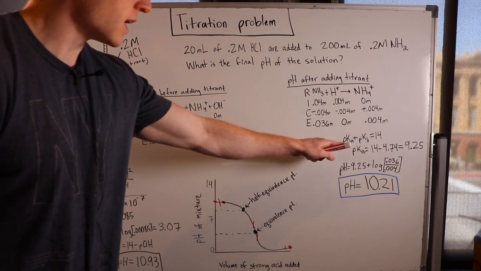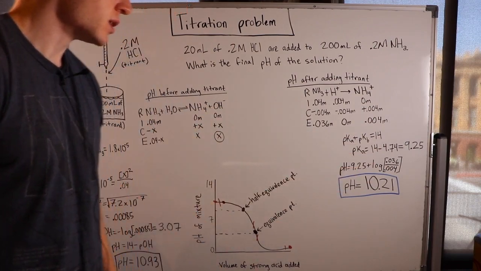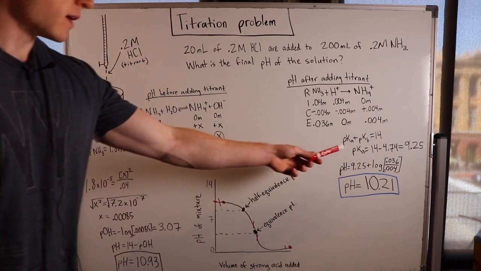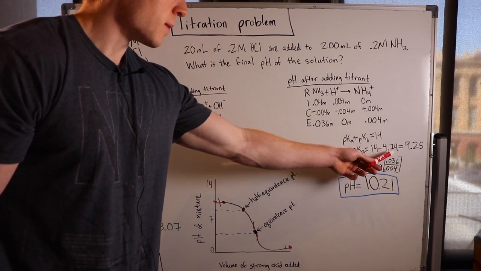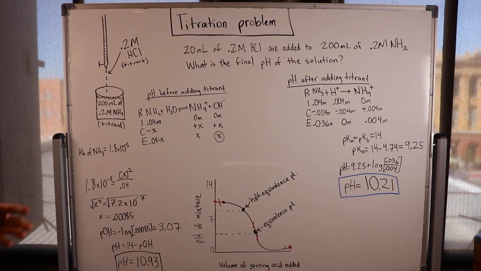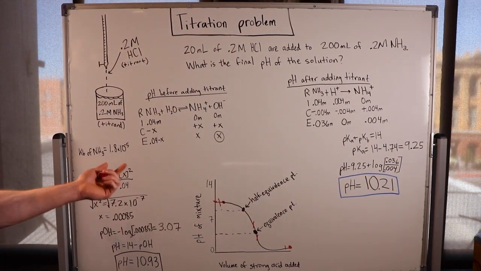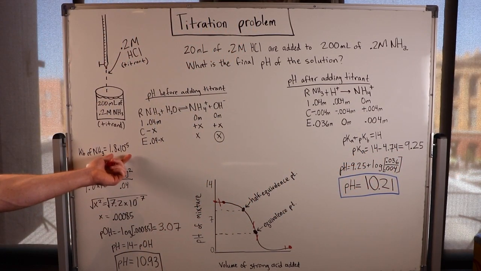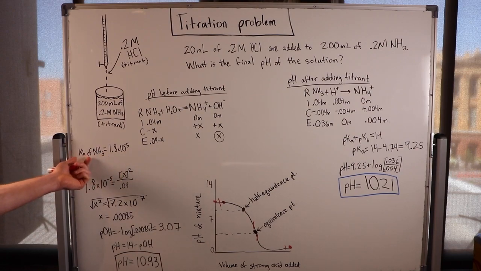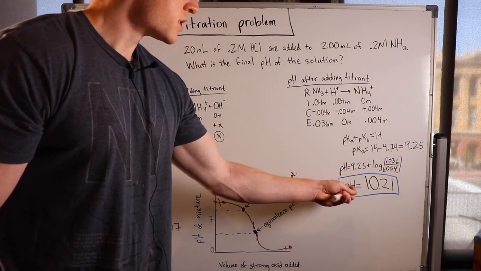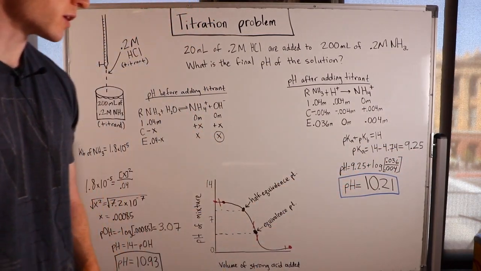So we know pKa plus pKb is equal to 14. That's just an equation that we memorized from last unit. So that means pKa equals 14 minus pKb, and we can get the pKb. This was determined from taking the negative log of this. Remember, pKb is the negative log of Kb. So pKa is 9.25.